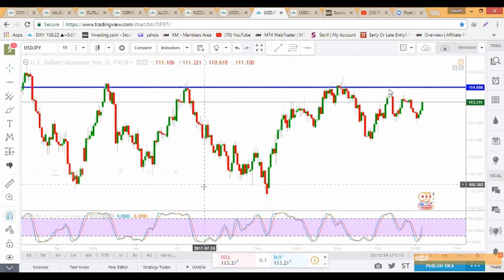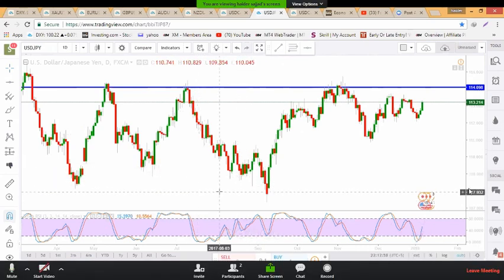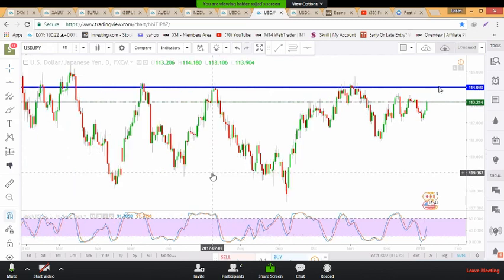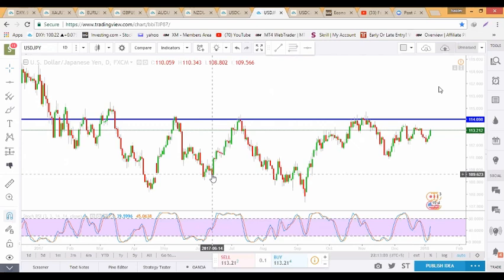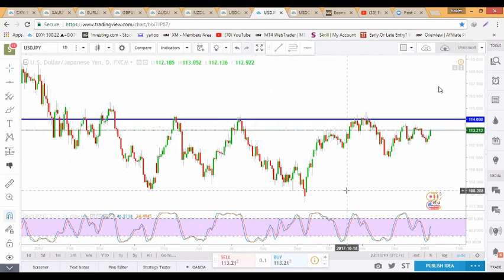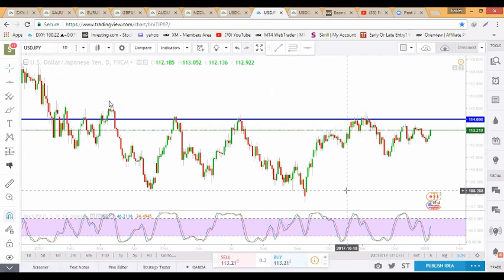There is a very high chance that the resistance of 114 would be breaking, and it might go very high, and it may touch another high level of 1.1115 or above.